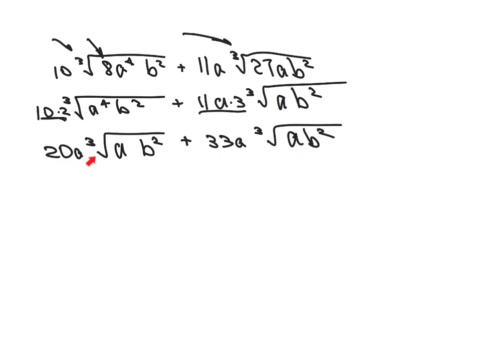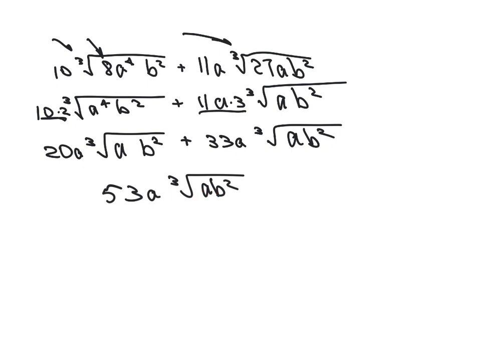So now I can add these two together and end up getting 20 plus 33 is 53a cubed root of ab squared. Now, one of the things that's important to remember, in your final answer, the index has to be bigger than all of the exponents inside the radical sign. Okay, so this is a 2, so that works. If this were a 4, I could reduce it. So because they're all smaller, I'm okay.